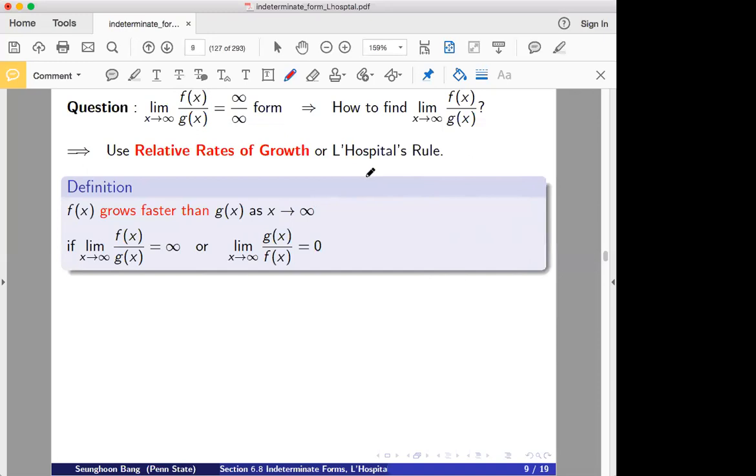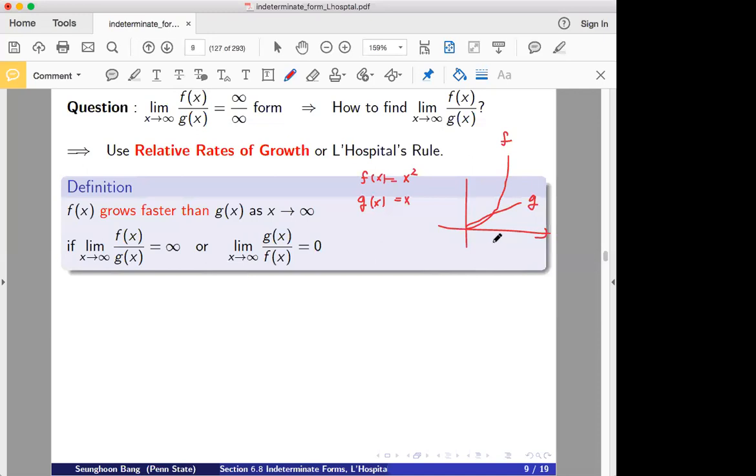Now I want to give one example. f of x equals x squared and g of x equals x. f of x, x squared, is like a parabola going up. This is function f. g of x is a linear function here.